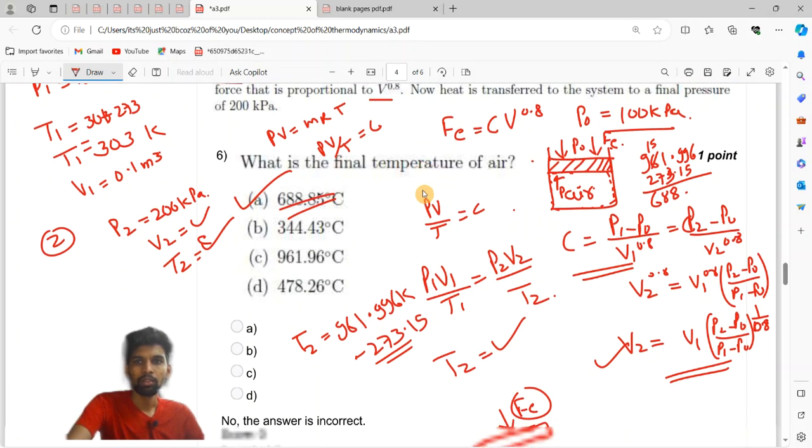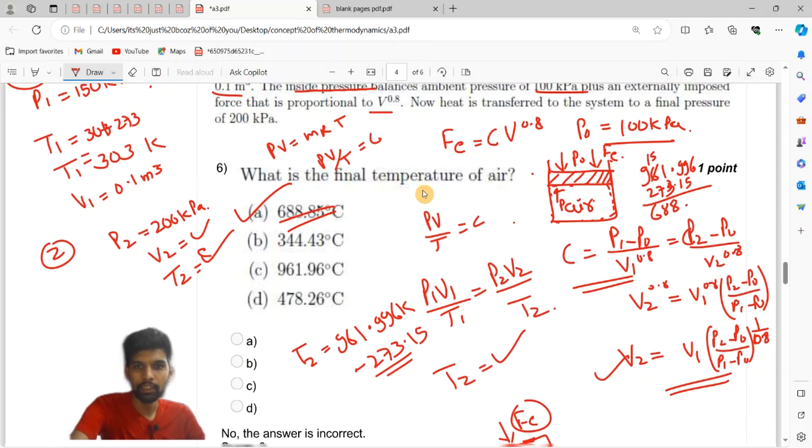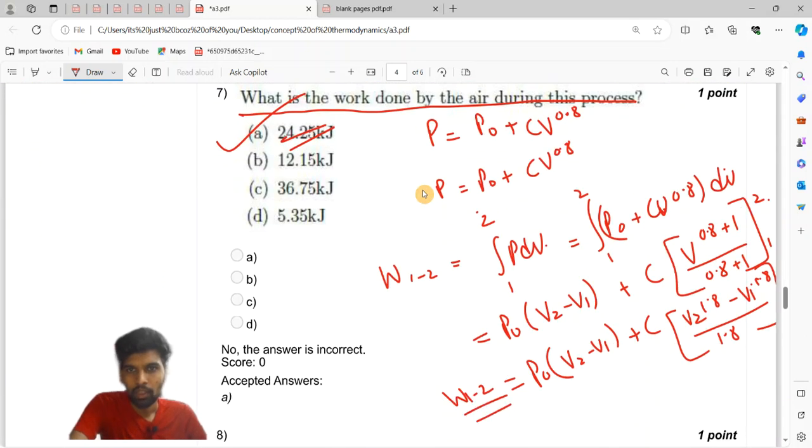What I did here was directly balance the pressures rather than multiplying pressure with area. Why did I do this? Because everything is covered up by this constant.